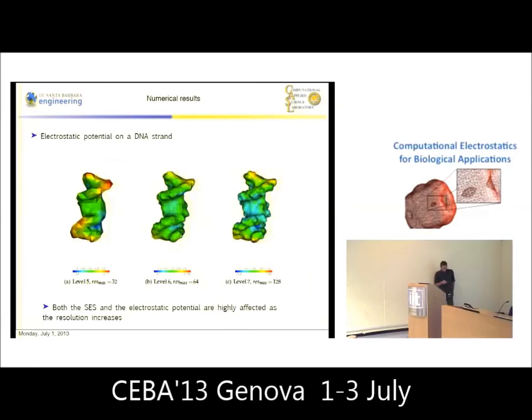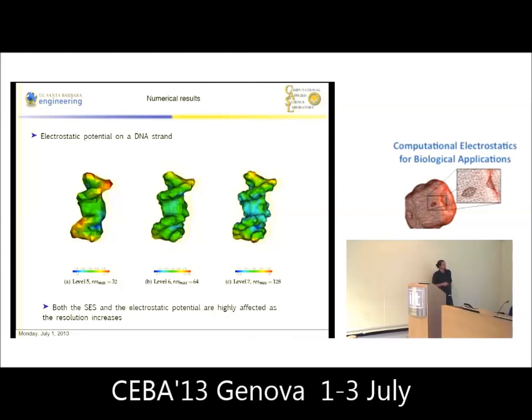I just wanted to end this talk with an illustration of the capabilities of our software and of the octree framework. Here we took a DNA strand molecule, and we looked at what happened when we refined the mesh. We start on a small grid, and then we recursively split the cells that are close to the interface.